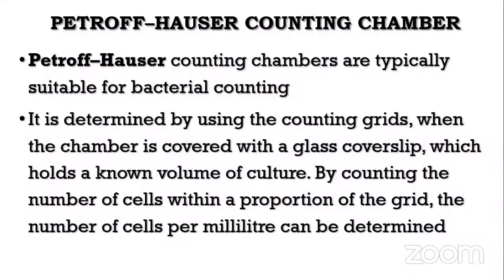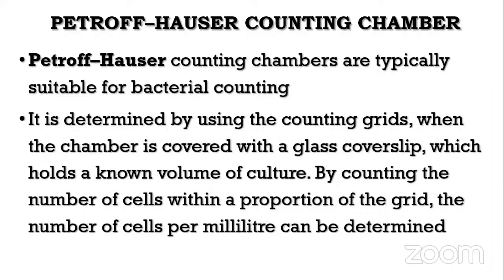We also have the Petroff-Hausser counting chamber. This counting chamber is typically used for bacterial counting, and can also be used for sperm counting. But we are talking about microbial counting, so we restrict the application to microbiology.